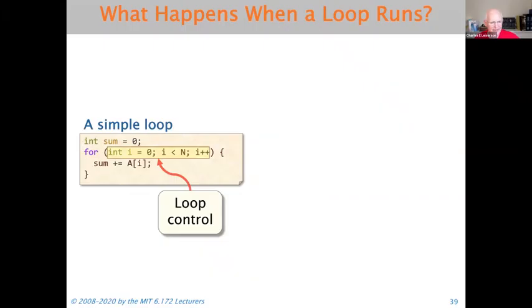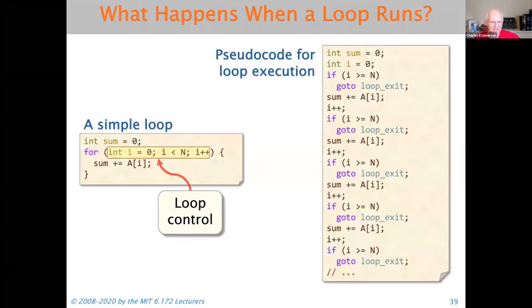Now, if you look at how this actually gets executed, this is kind of a pseudocode for loop execution. Basically, it starts out at the top and initializes sum, then it sets I to 0, and then it does a test to see if I is greater than or equal to N, and if so, it goes to loop exit.